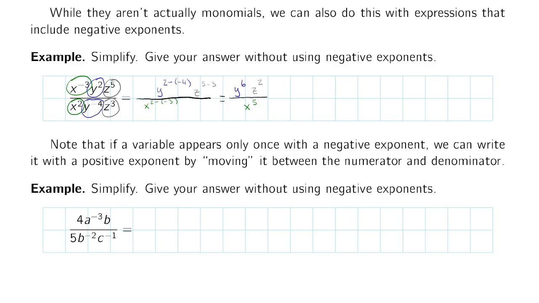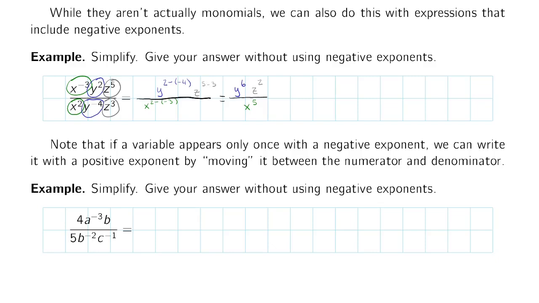When I had a variable with a positive power that appeared in only the numerator or only the denominator, I just left it alone and copied it. When I have a variable with a negative exponent that appears in only the numerator or only the denominator, I'll switch where it appears and give it a positive exponent.